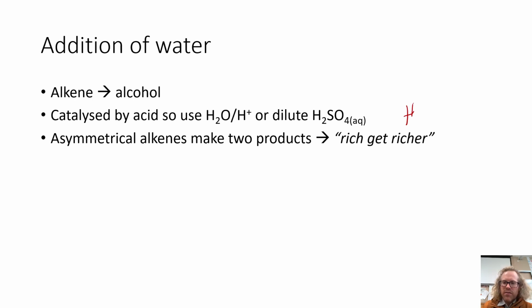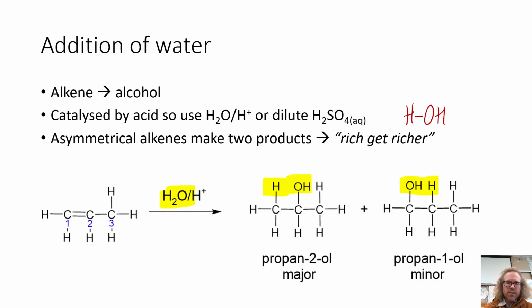And that's because if we look at H2O, it's adding an OH and an H. So if we look again at the same starting material, we can see that carbon 1, because it's got the 2 hydrogens versus the 1 on carbon 2, gains the hydrogen in the major product. And in the minor product, the carbon with the fewer hydrogens gains the hydrogen there.